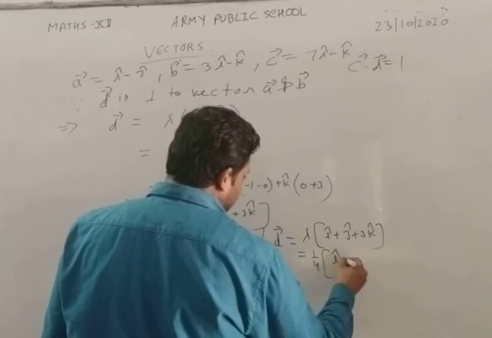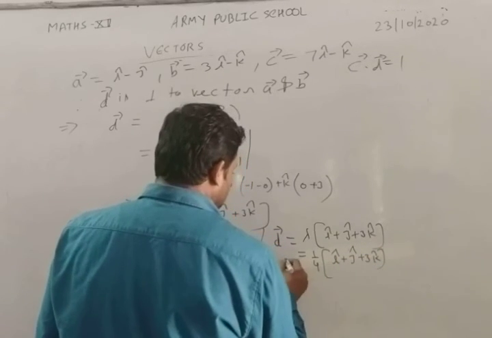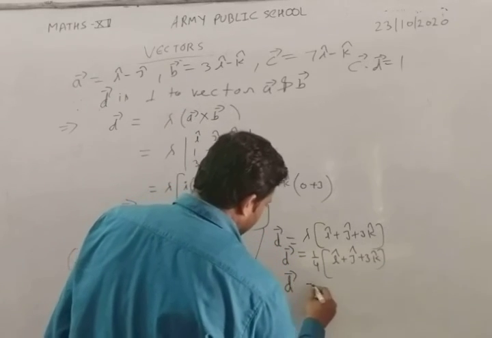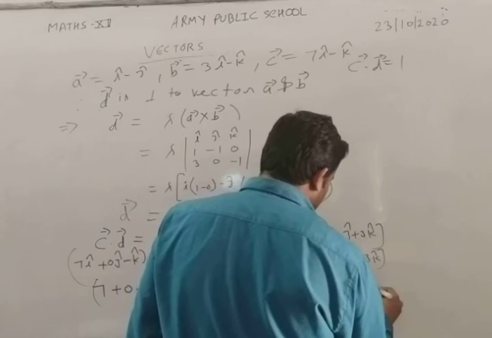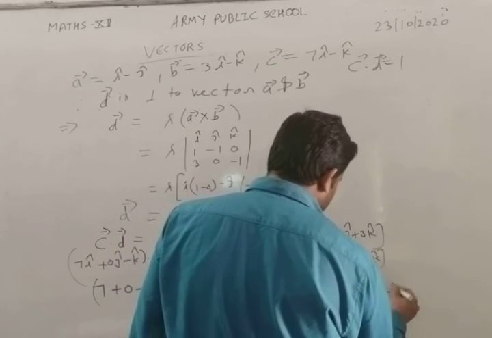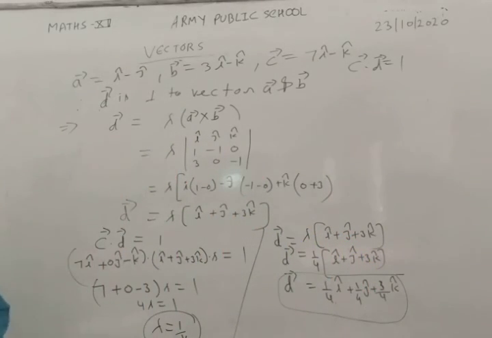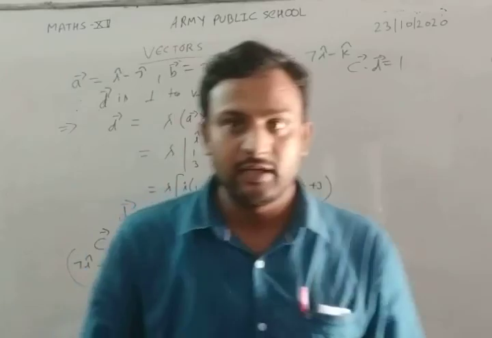So vector D will be 1 by 4i, 1 by 4j, 3 by 4k. So our vector D will be 1 by 4i, 1 by 4j plus 3 by 4k. So in this way we have found our vector D.